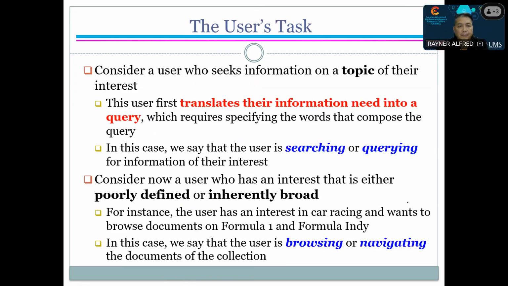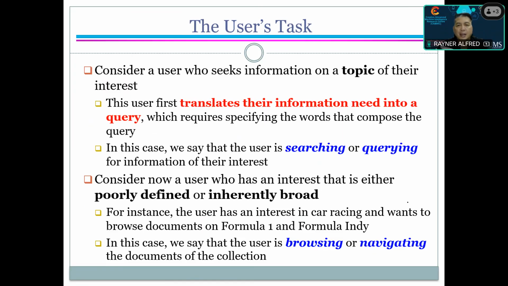Okay, so how does this work? What is your task when you seek information on a topic of your interest? The first thing you need to know is whether you have enough background, because your background will determine your ability to decide whether the document is relevant to you or not.